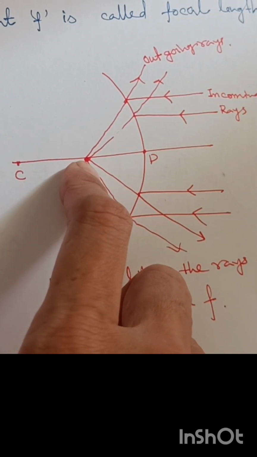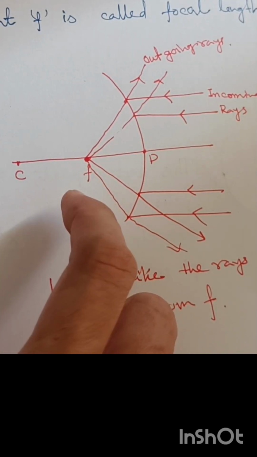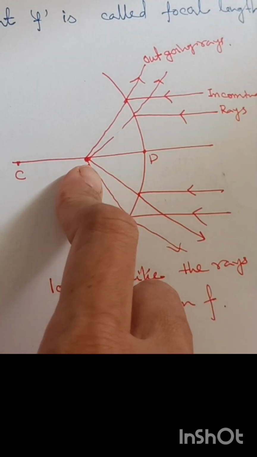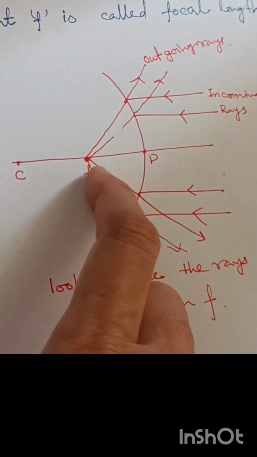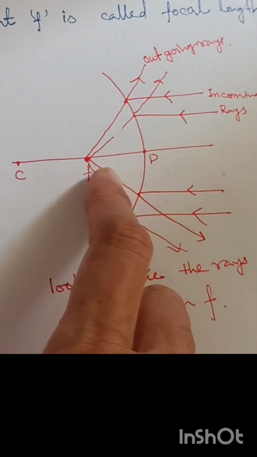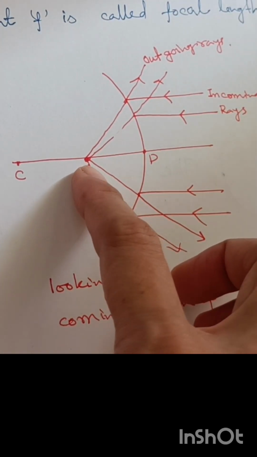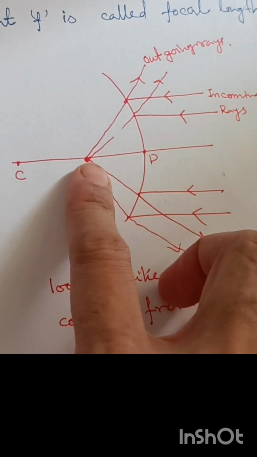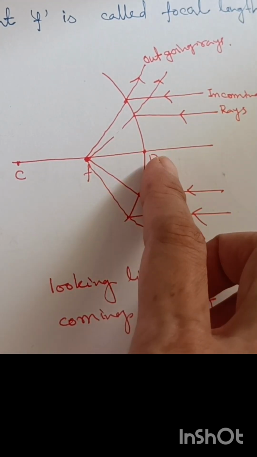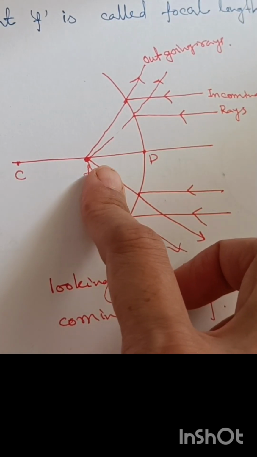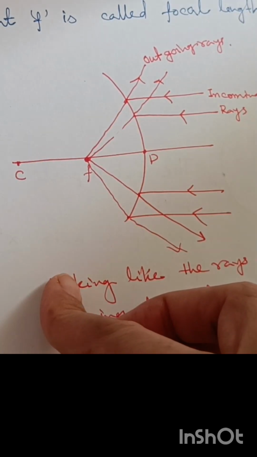So an image will form there, and this point is called the focus, and the distance from this point to the pole is called the focal length of this convex mirror.